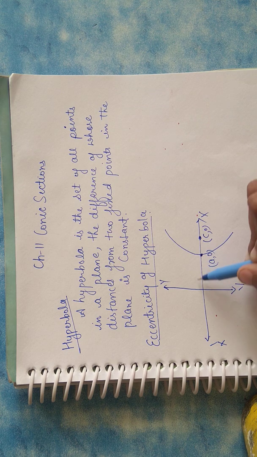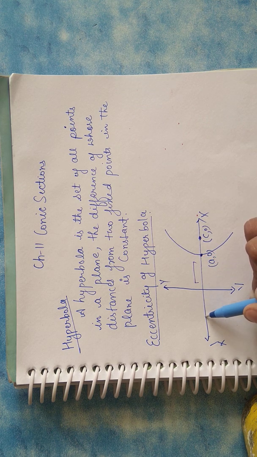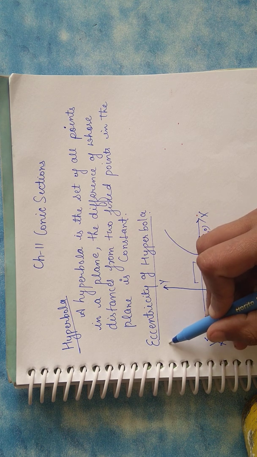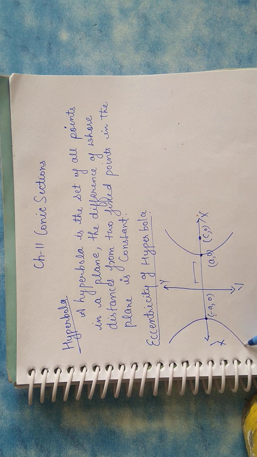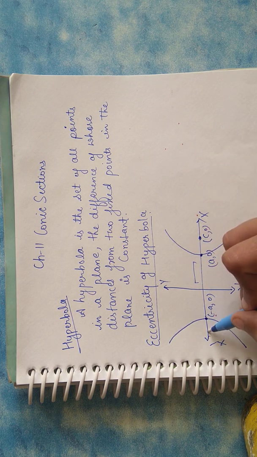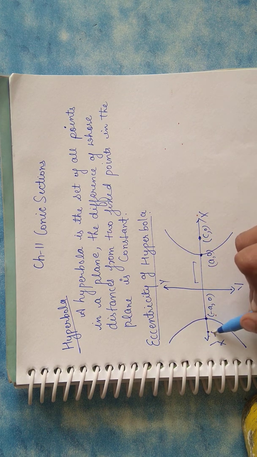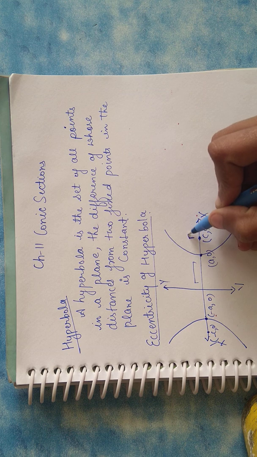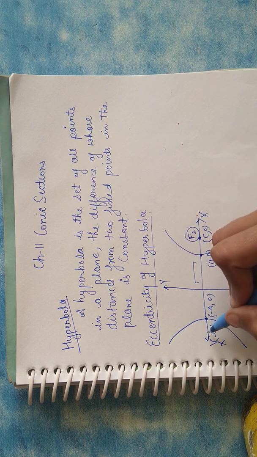Same on this side. This distance will be minus A, 0, and a similar kind of shape will be drawn. And then here the center, minus C, 0. This is your F2, focus 2.